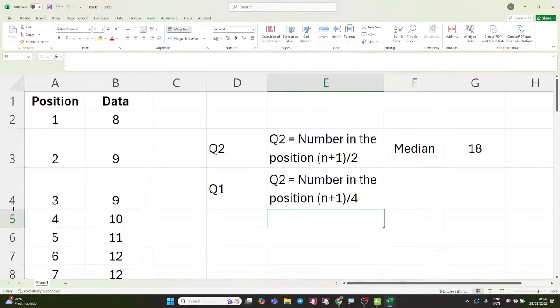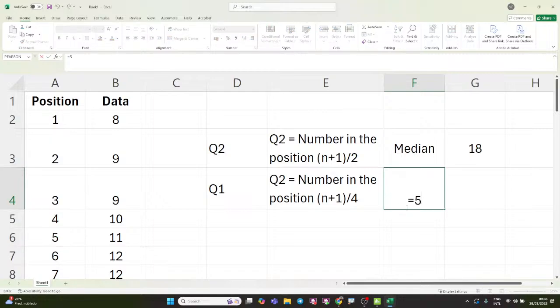So what do we have if we do that? So 51 divided by 4, we would have the number in the position 12.75.